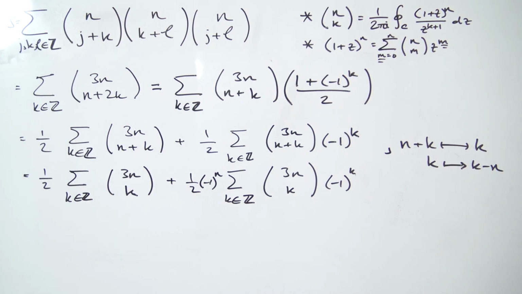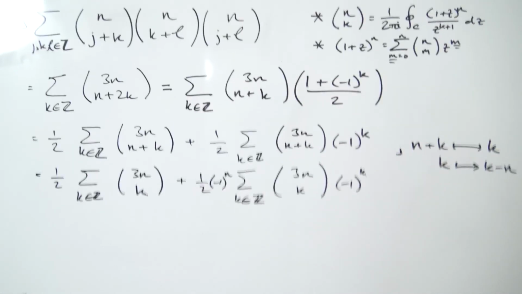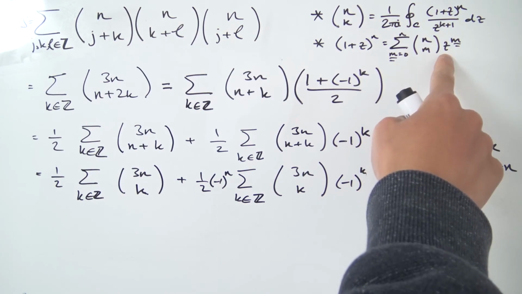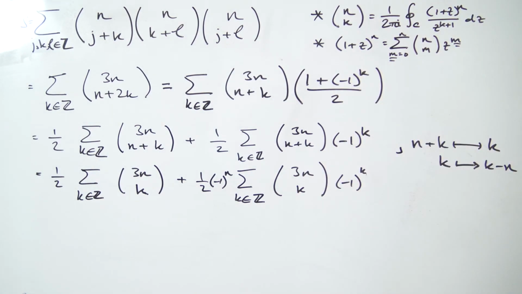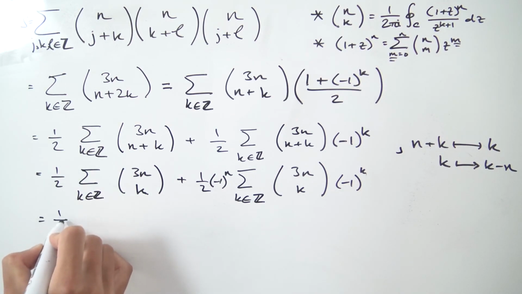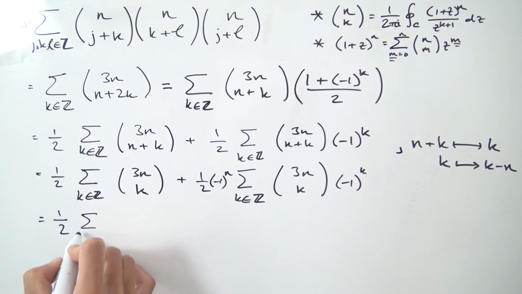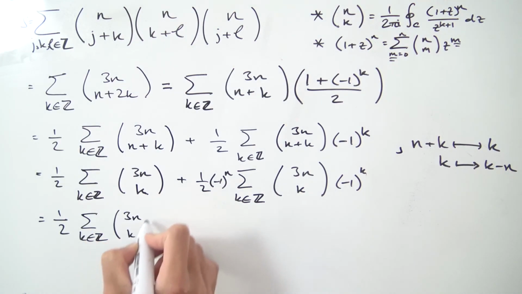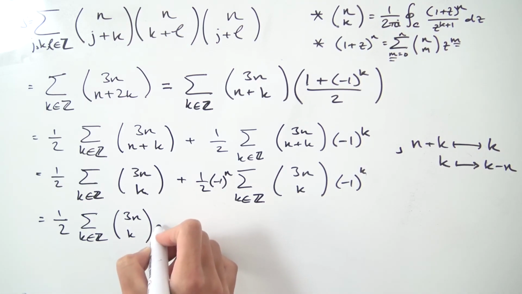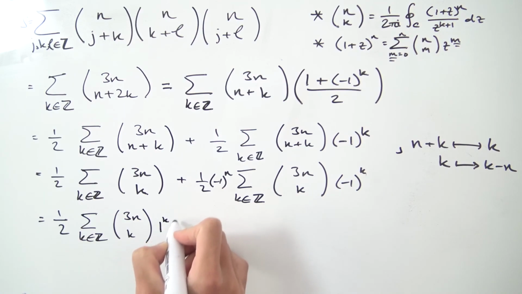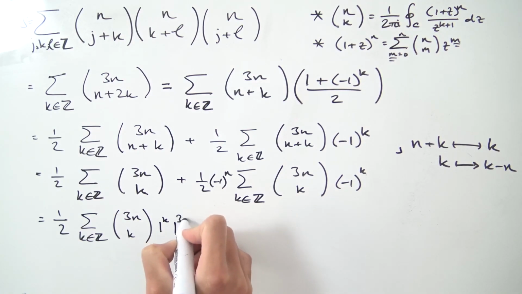Now we want to turn this into an expression that we can recognize. Maybe you see a sum of binomial coefficients somewhere, namely over here. All we need is, for example, a z raised to some power, but we don't quite have that. So what I'll do over here is write this as the sum over k over the integers. We still have 3n choose k, but I'm going to write it as 1 to the k, and then 1 to the 3n minus k.